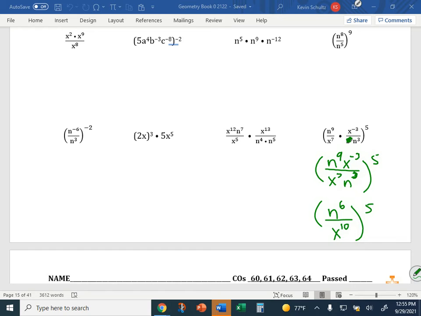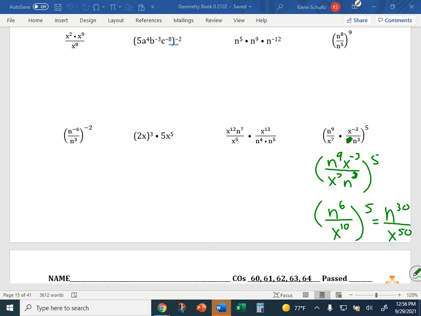So either way you think about it, you end up with x to the positive 10th in the denominator. Okay? Now I can distribute, which gives me 30 n's in my numerator, or n to the 30th, and x to the 50th in my denominator.